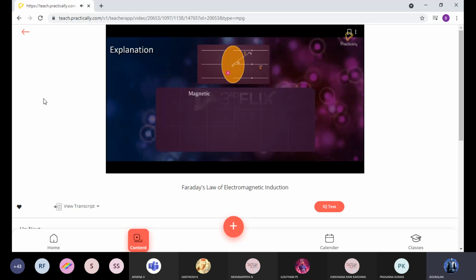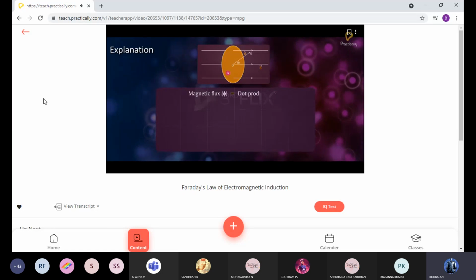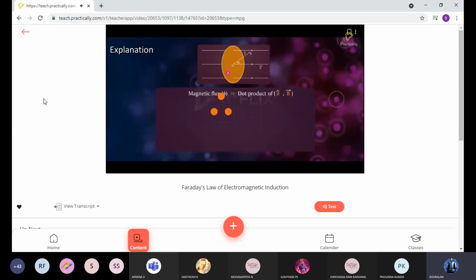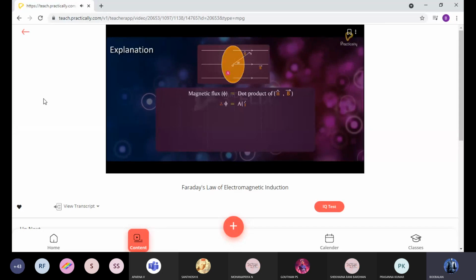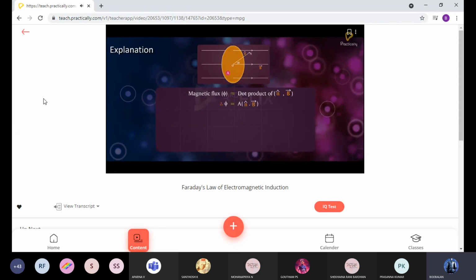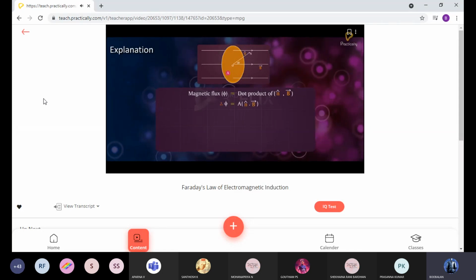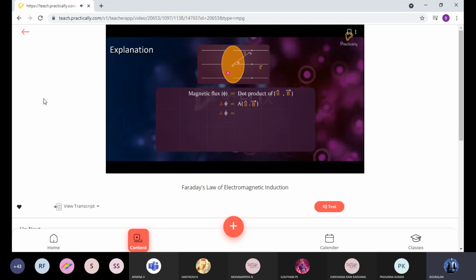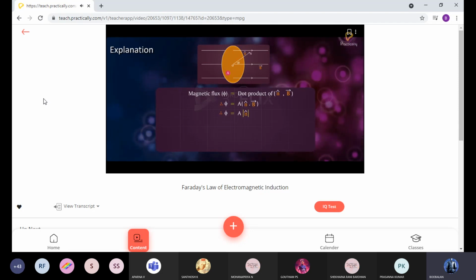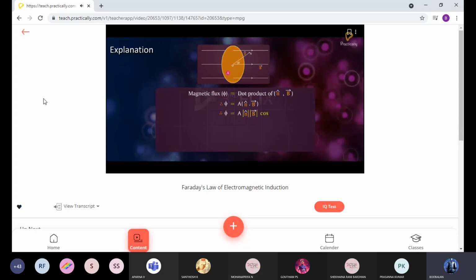The magnetic flux, phi, is equal to the dot product of the n cap and B vector. Therefore, phi is equal to A into n cap dot B vector. Phi is equal to A into mod n cap into mod B vector cos theta.